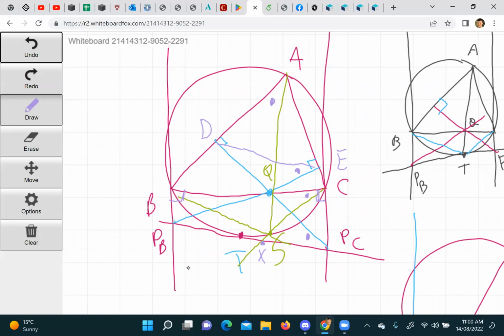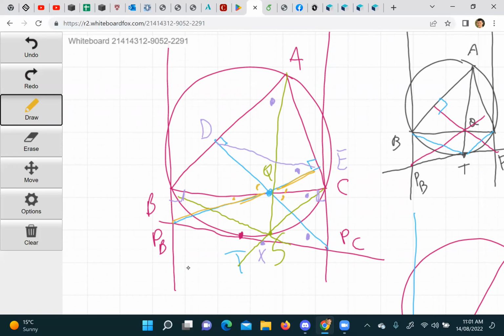And then the power of a point. When you basically compared the lengths to BQ and CQ, this power is equal to the red power, and then the other one's also equal to the red power. So it's using cosine of this angle, and cosine of this angle.